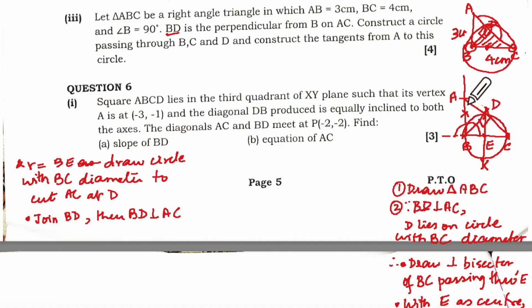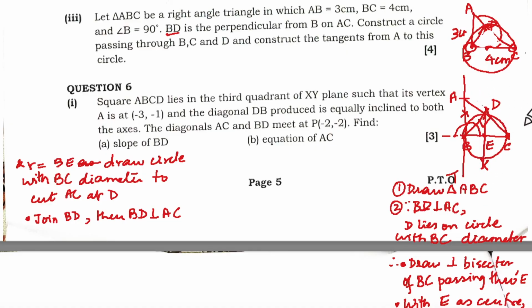Now from A to the circle, this is already one tangent. Let us call this as T. Okay. Now for the tangent, I'll just clean this part which I have. Now the first tangent is already done. Okay, it is already there.